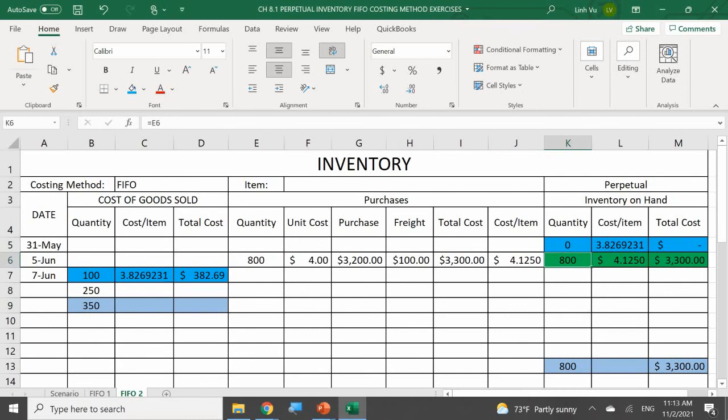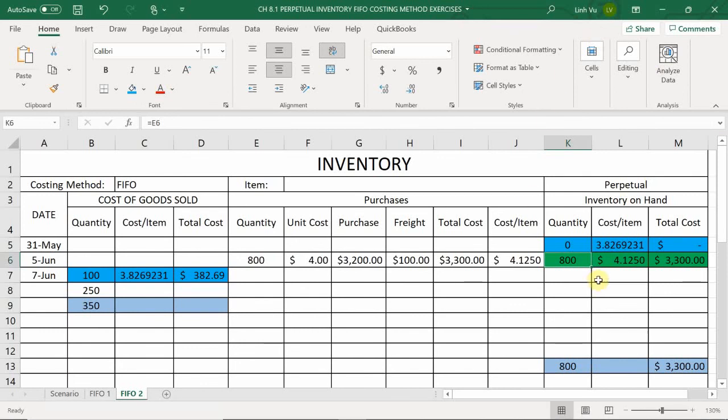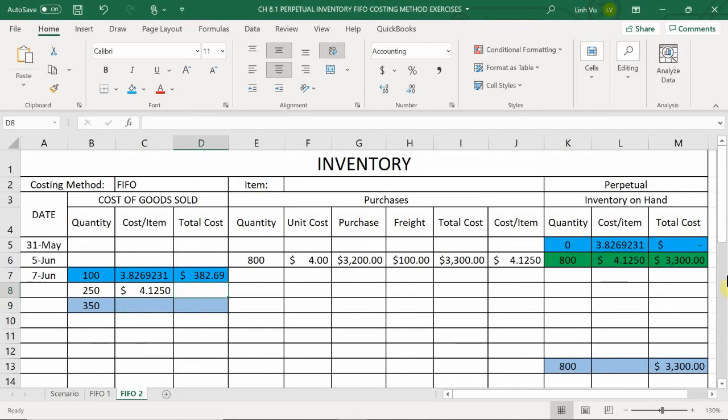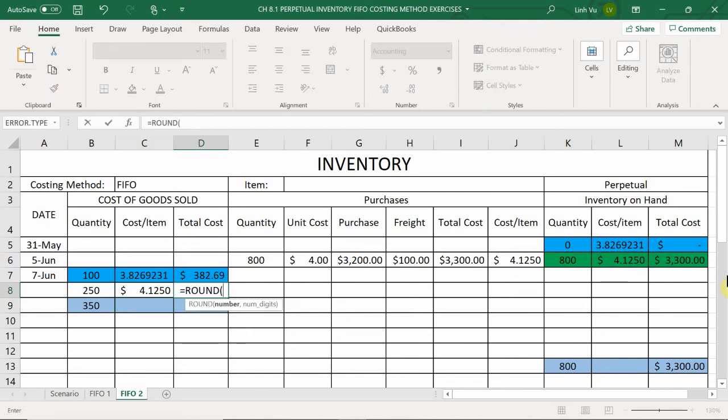with my green batch. So in this case, green was for $4.125. Okay? So in this case, I need to do my equal round formula here.